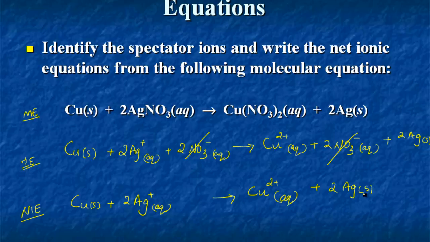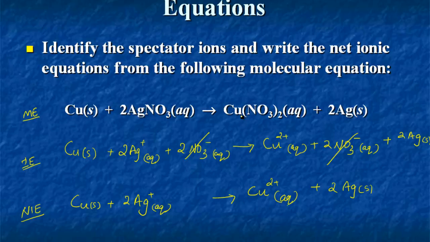Look at the equation, single displacement reaction, copper solid displacing silver ions, because copper is above silver in the activity series. So if you put copper solid into a solution containing silver ions, it will take the place of silver. You can look at the molecular equation and figure that out, right? Copper solid taking the place of silver, so copper nitrate and silver will come out. So copper is displacing silver, it is a single displacement reaction.